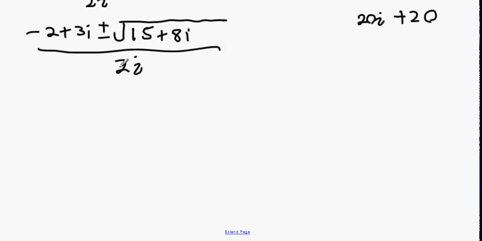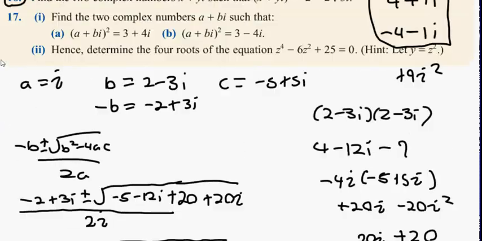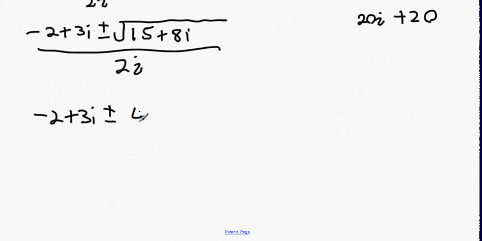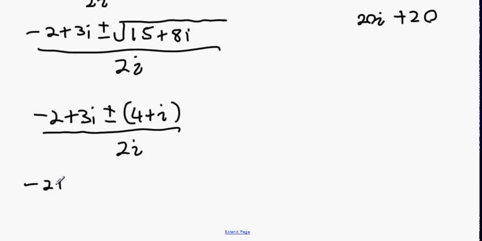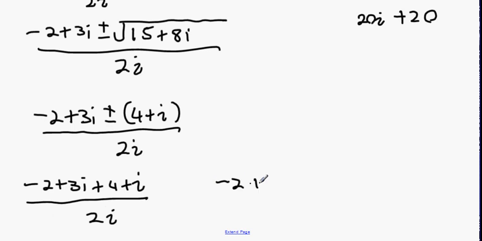Now the 2i on the bottom extends the question a little bit, so it's going to be minus 2 plus 3i plus or minus 4 plus i, all over 2i. And then what we get here is minus 2 plus 3i plus 4 plus i all over 2i, or minus 2 plus 3i minus 4 minus i all over 2i.